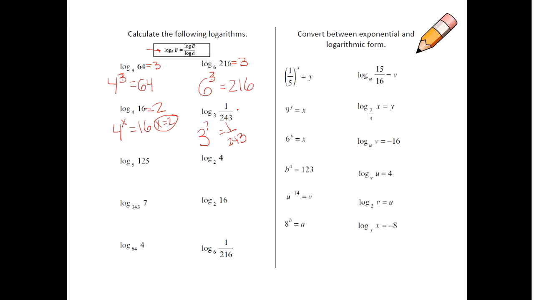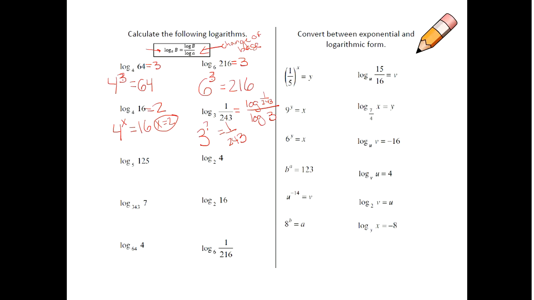So for my case, to do my change of base formula, I would go log of the big number, so 1 over 243, over log of the little base. So log 1 over 243 divided by log of 3.